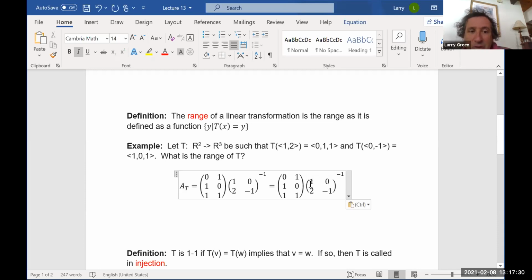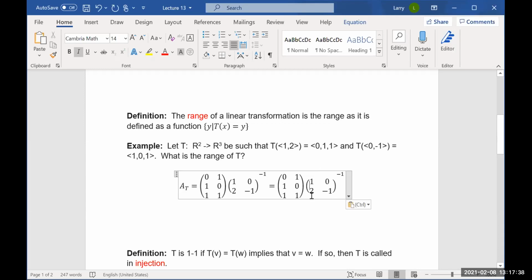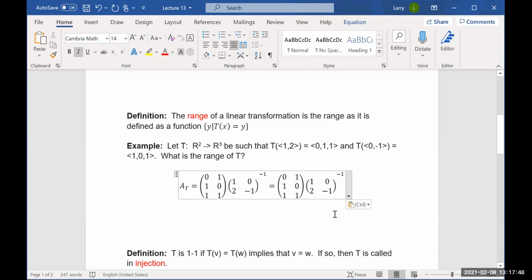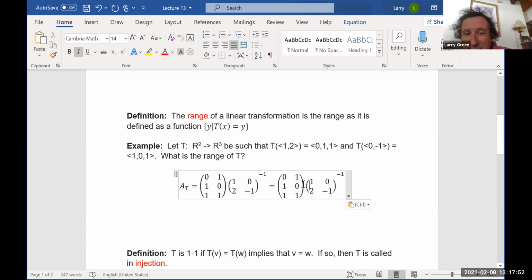And then you remember you switch. So remember how to find the inverse of a 2 by 2. Do you remember the technique? Yeah, you swap A and D and then put negatives on B and C and then multiply it by 1 over the determinant. And then the 1 over the determinant is -1.